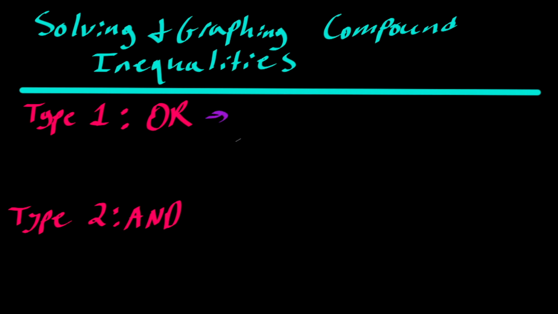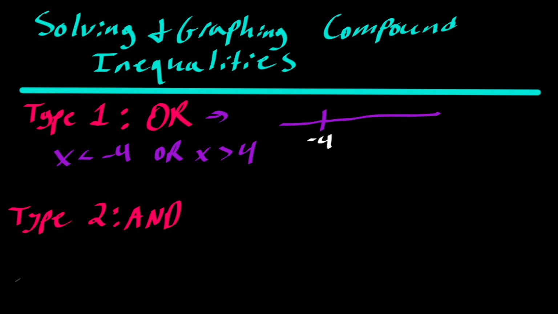The important thing to note is a graph of a compound inequality. I'll give you a quick example. Let's say x less than -4 or x greater than 4. Over here I have -4 and then +4.